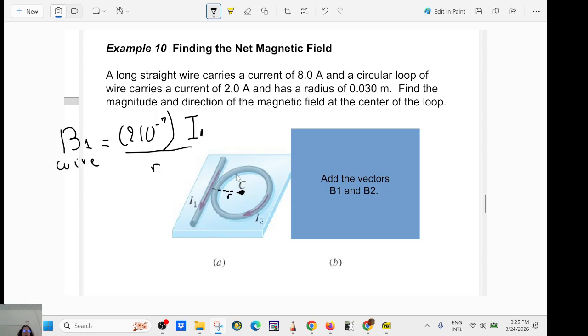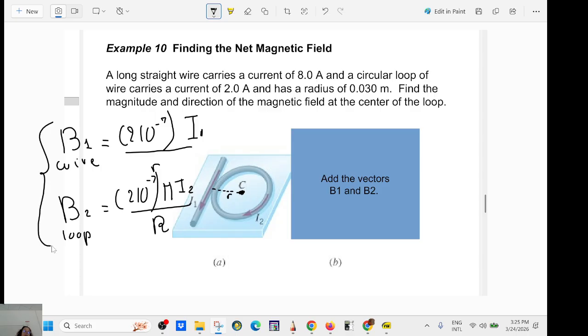And then I have the magnetic field produced by the loop. It's the same equation, but there is a pi somewhere. For a loop, you need to add a pi. And here is the radius of the loop.